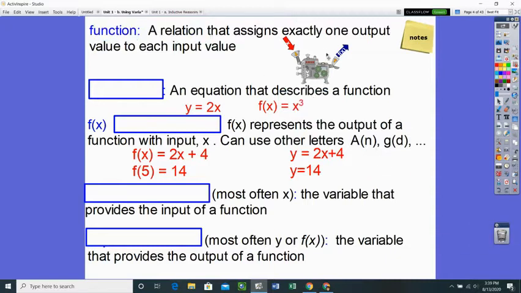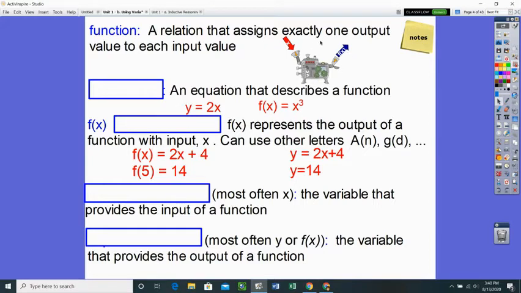I like to call this the function machine. Basically, we're going to input some value, and that would be our input variable, in this case, x. So we're going to put some number in for x. The function is going to change that, and we're going to output a different value based on the math that was done.